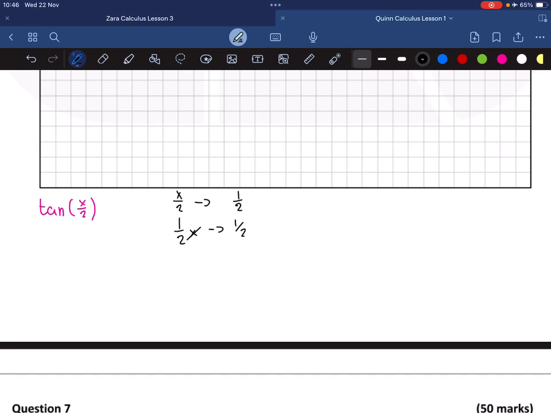So tan of x over 2 goes to the half, because this is what we get from this part, multiplied by the derivative of tan, which is sec squared, and then the inner function stays the same, x divided by 2.